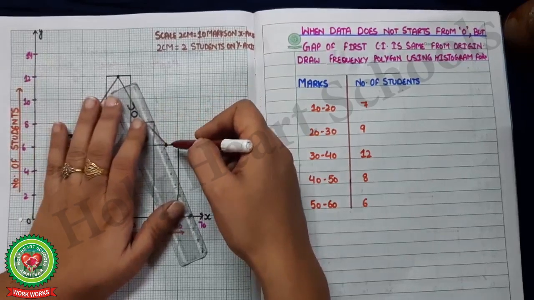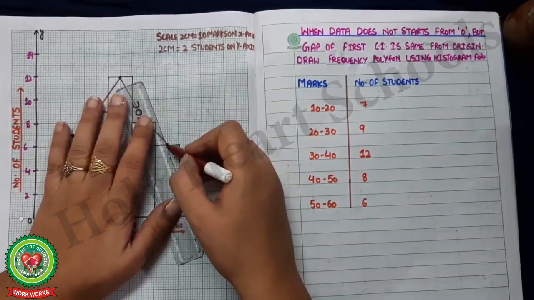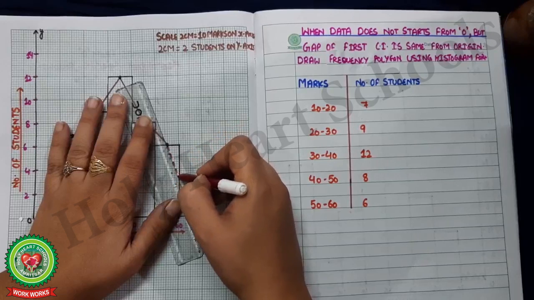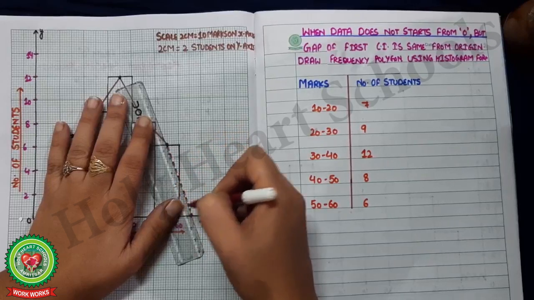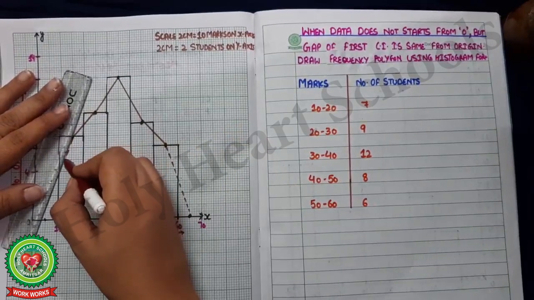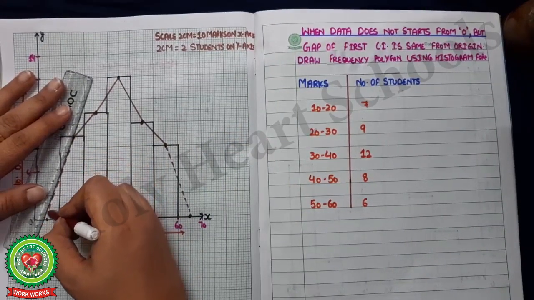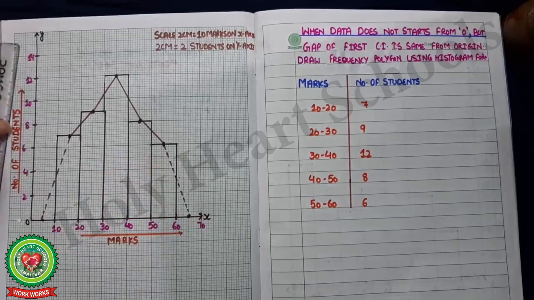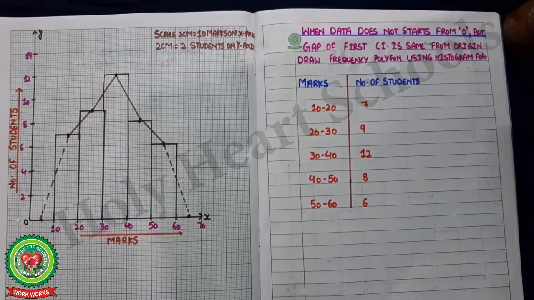When we bring this down, we will bring it down by using dotted line here also and here also. We will join it by using dotted line. So students, this is the case number 2 to draw frequency polygon using histogram.